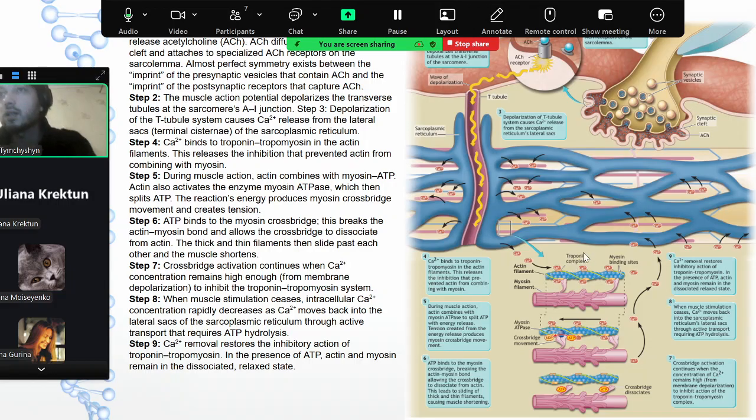You will see this troponin complex and different myosin binding sites. These sites are hidden when you have no calcium, but when you have a lot of calcium ions, these binding sites are released, and you can have binding between the myosin filament and the actin filament.